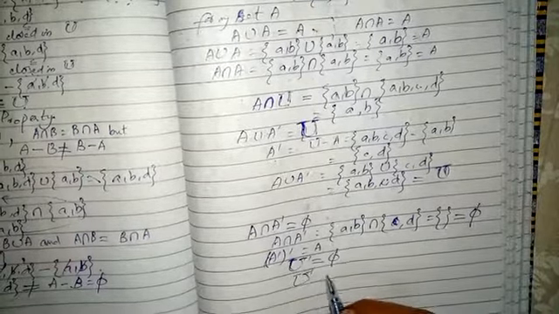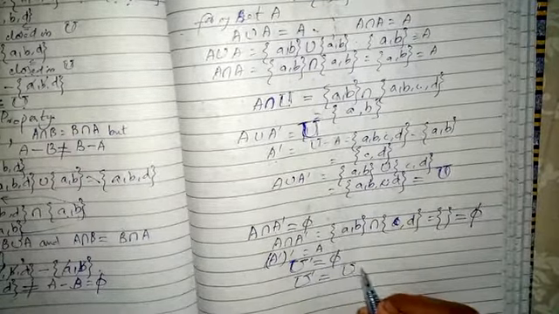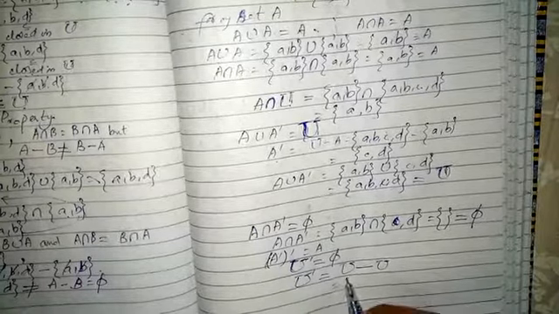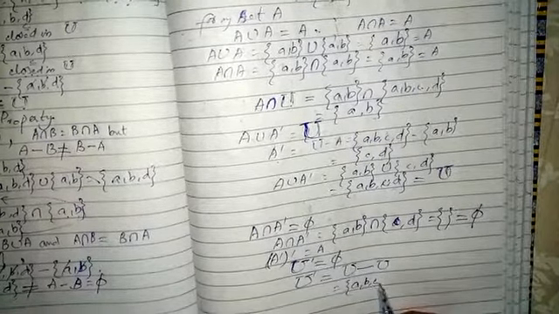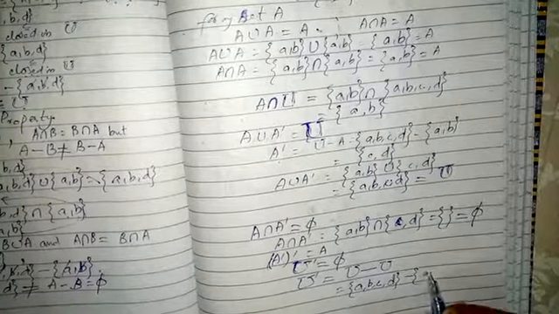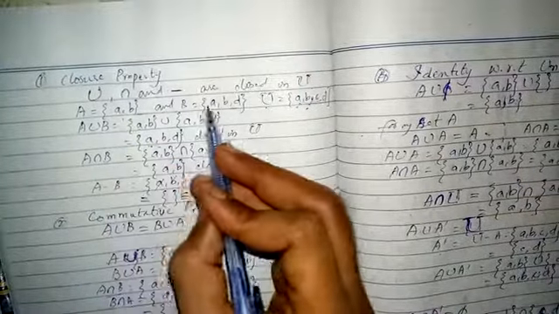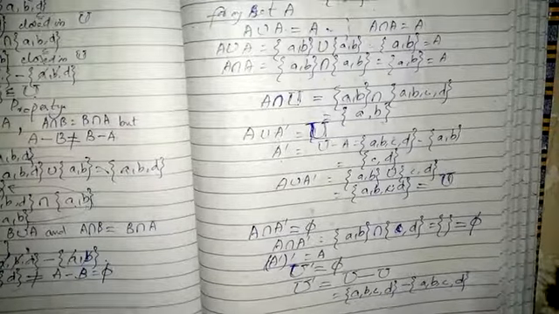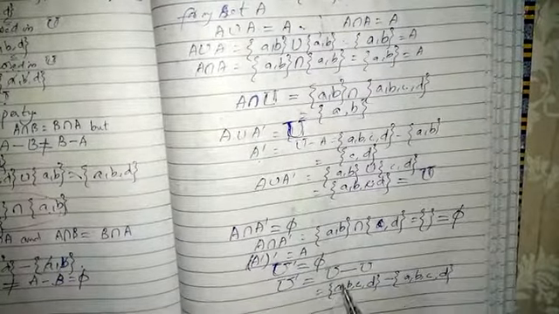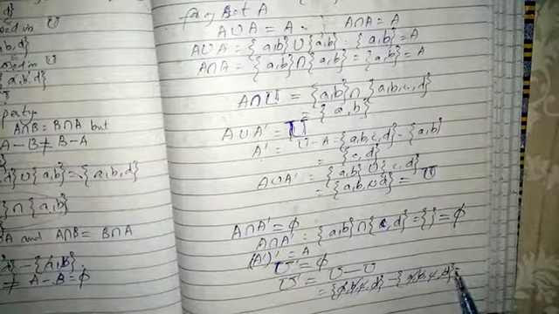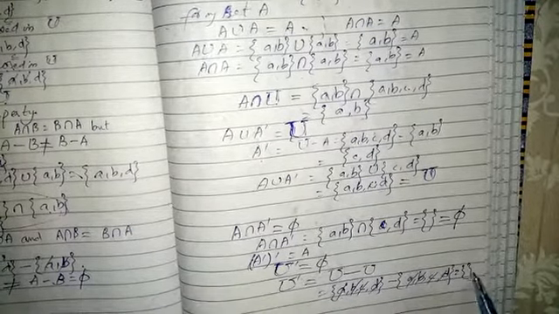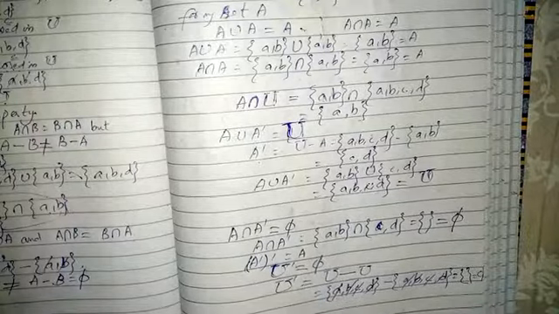So if I find U complement, it means the universal set difference the universal set, A, B, C, D minus A, B, C, D. Remember, I am using the sets we started with: A is A, B, B is A, B, D, and universal is A, B, C, D. So if I operate this, A, B, C, D all cancel out, which will become phi. So this property also holds.